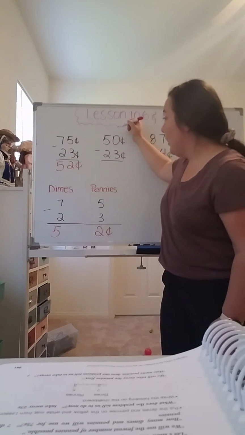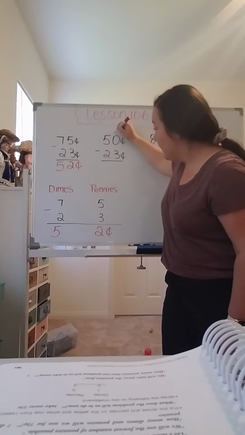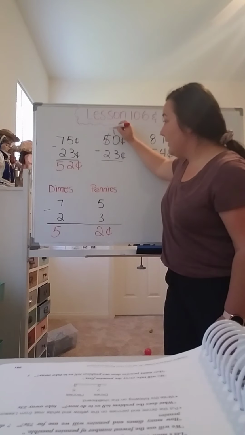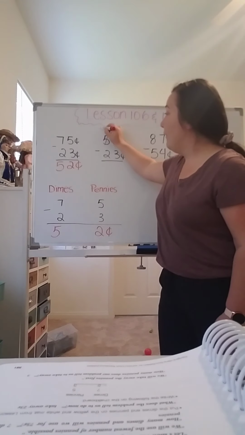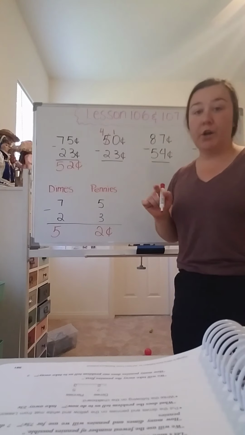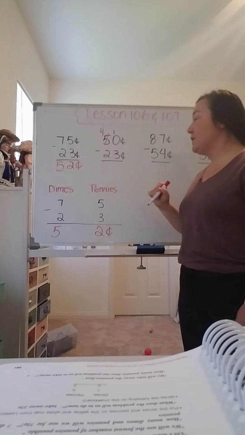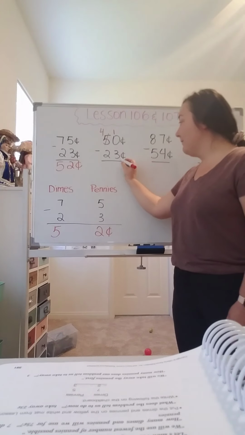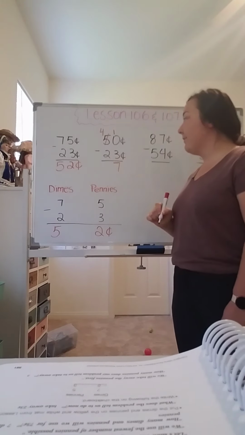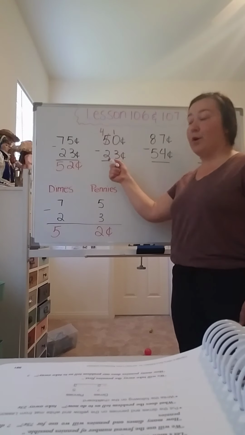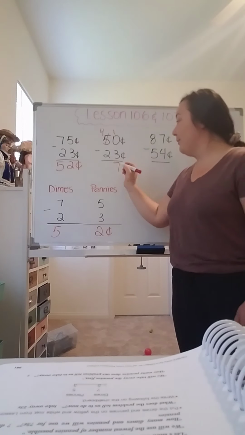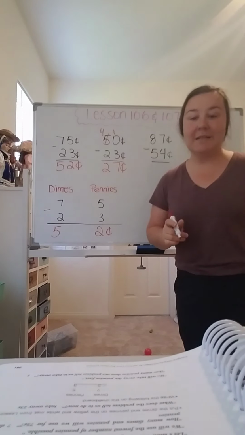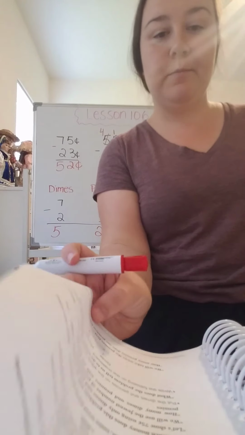We're going to borrow 1. We're going to put 1 here. We're going to cross out this 5 and put 4 because we just borrowed 1 from here. So now we have 10 minus 3 is 7. And what's 4 minus 2? 2. So we have 27 cents here. Okay?